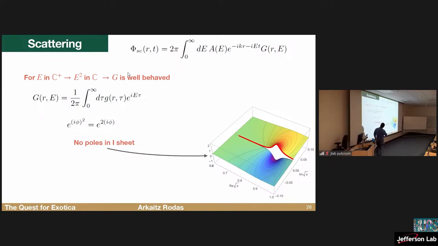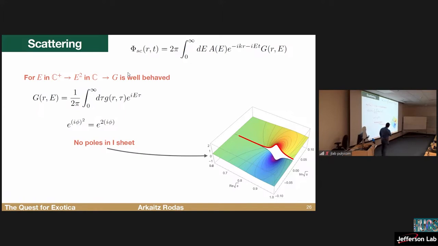So because this capital G function that is going to relate the outgoing wave packet with the incoming one looks like this from 0 to infinity because of causality. Now in the upper part of the energy plane, let's say that we're describing everything in terms of the energy, in the upper part of the complex energy plane, what do we get? We get a real value for the energy, right? Plus i something.